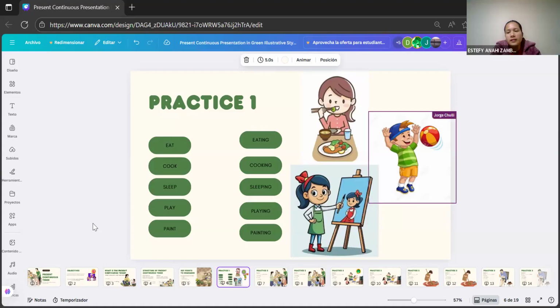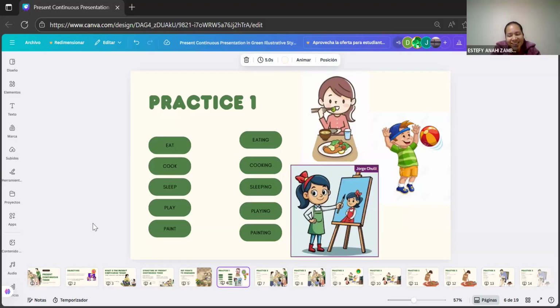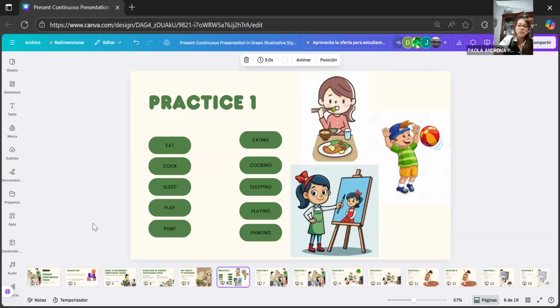Another picture. What is he doing? He is writing. Playing. He is playing. Okay, and finally, another picture. She is writing. He's painting. Okay, thank you.